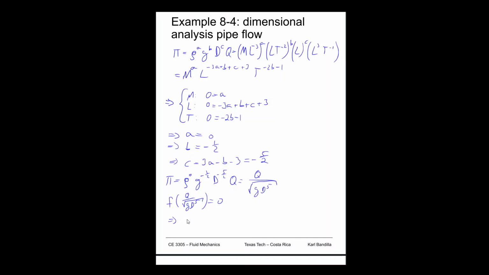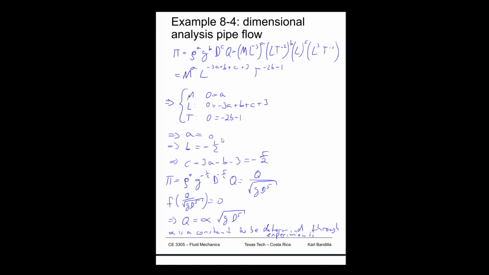So then we can say Q is going to be some constant alpha times the square root of G times D to the 5th power, where alpha is a constant to be determined through experiments. All right, so cool.